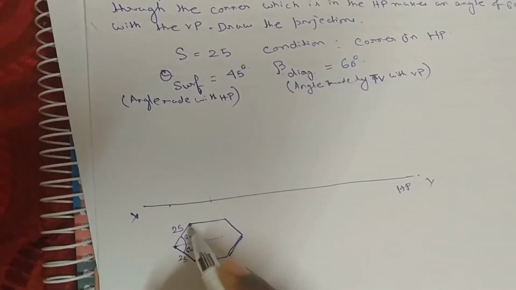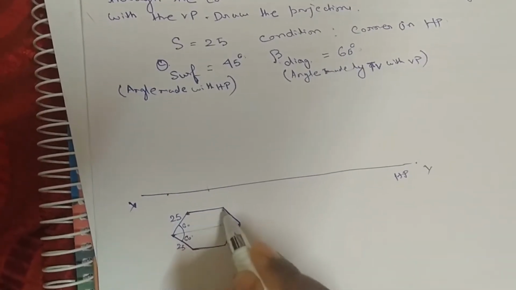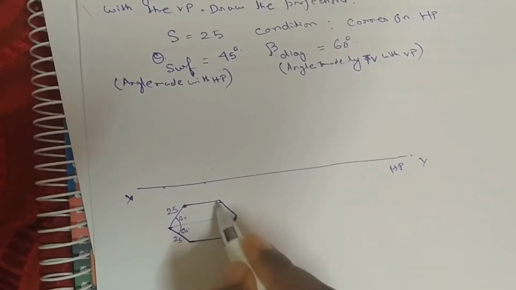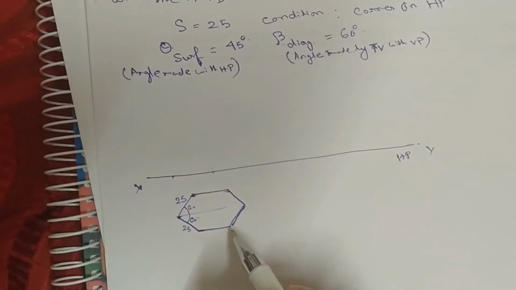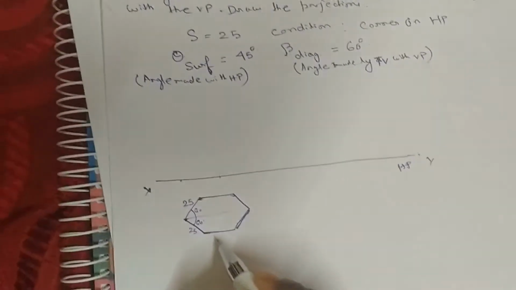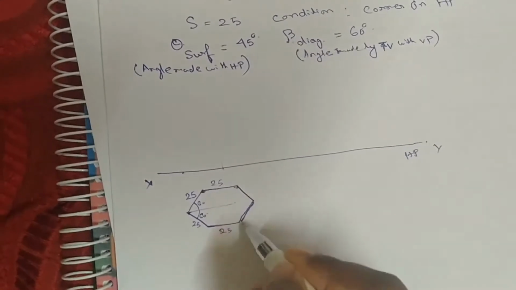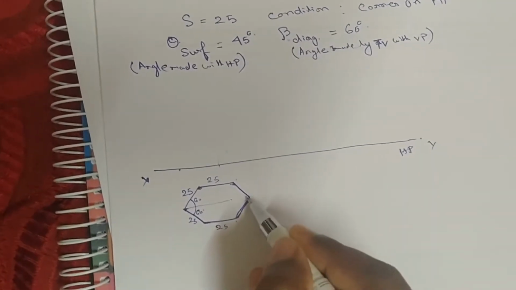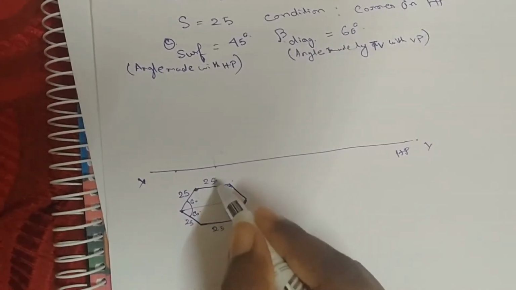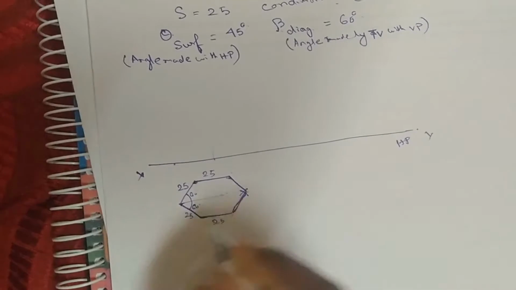After getting this, we will extend this parallel to our XY line with 25 millimeter. After that we will get these two points, and if we take a 25 millimeter measurement with the compass and cut here, we will get this point.